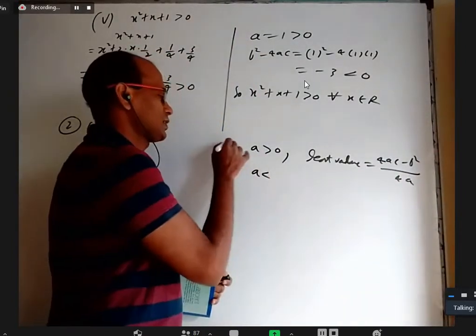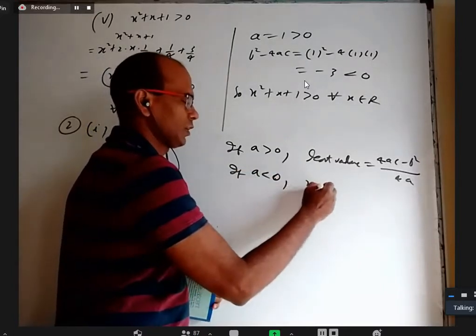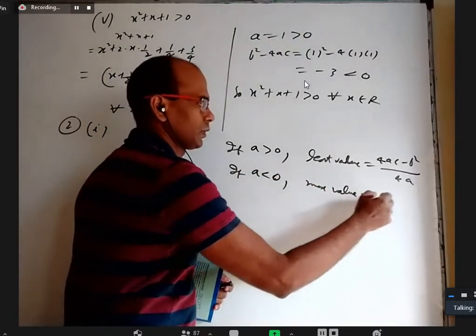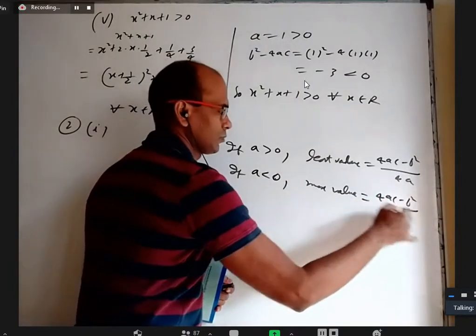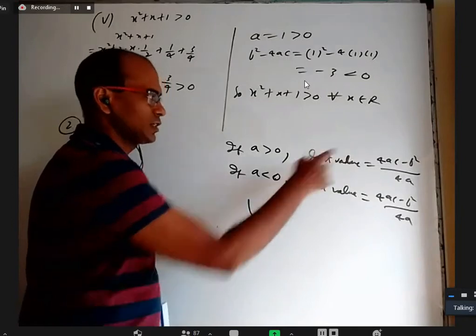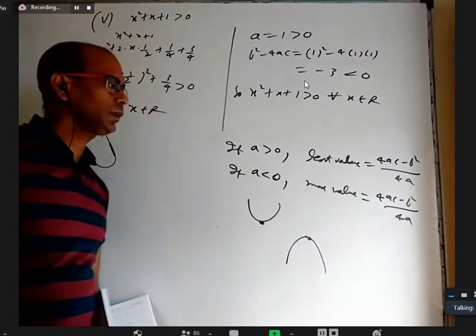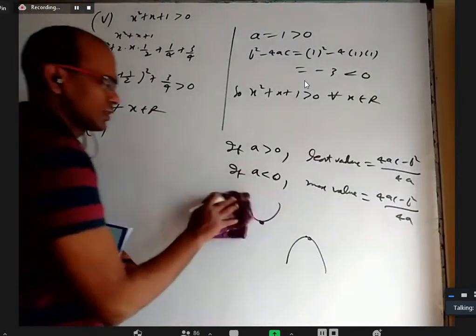If a is less than 0, then maximum value or greatest value is the same, 4ac minus b square by 4a. One time it is the upward parabola where it has least value, another time it is the downward parabola where it has maximum value, but the point doesn't change. We already discussed this right in the beginning.